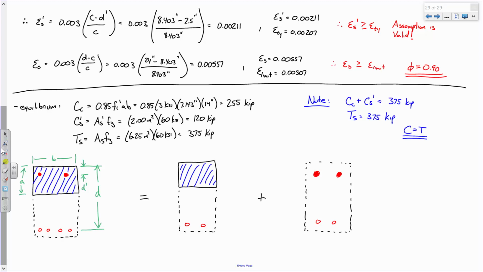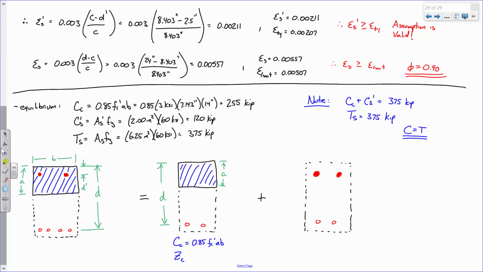Okay, so let's look here on the left. The force, we're going to say, is Cc. But what about the moment arm? How do we define that moment arm? Well, this dimension is d, and that dimension is a.